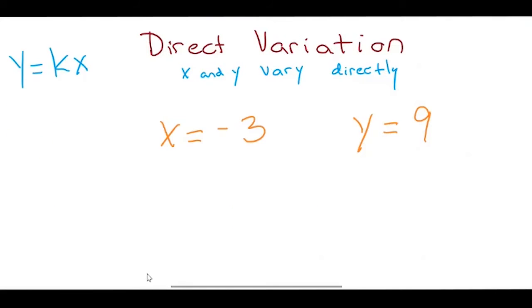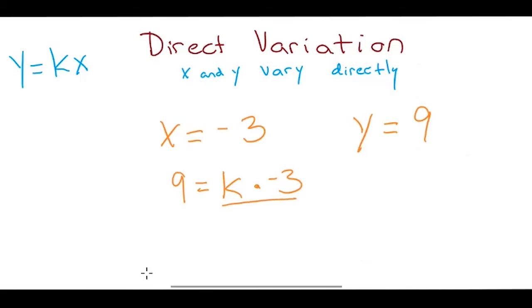So let's say that x is -3 and y is 9, and I want to write the direct variation equation. I need to find k, which is our constant of variation. So I'll rewrite this as 9 equals k times -3.